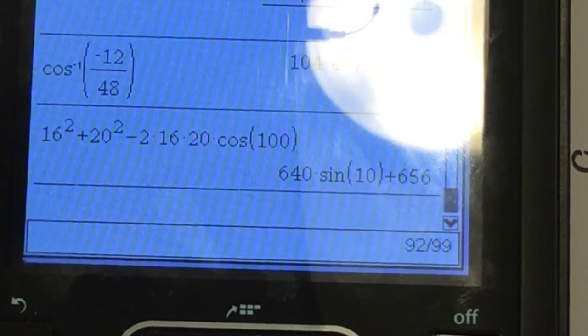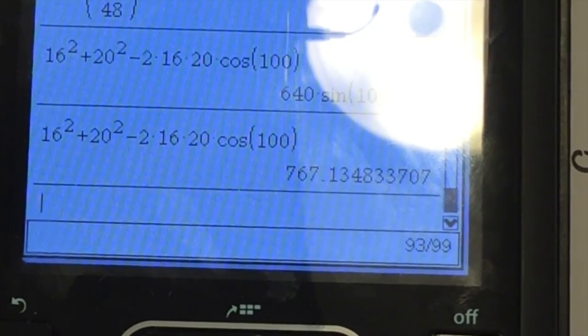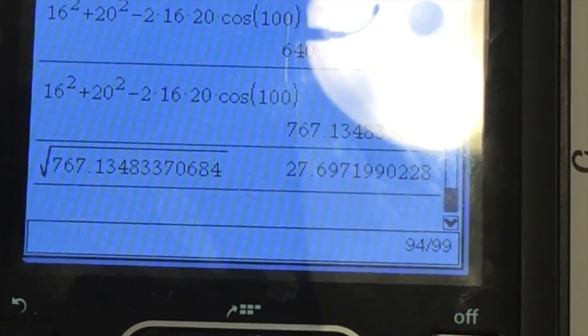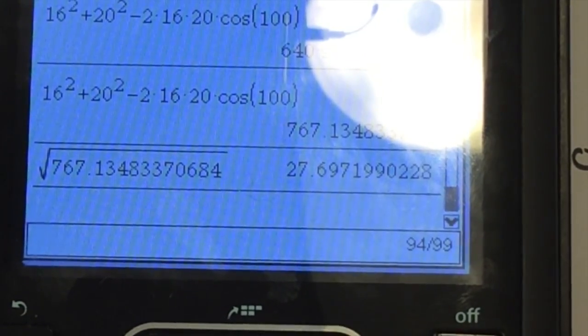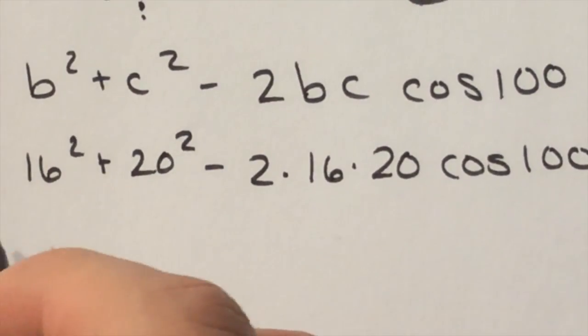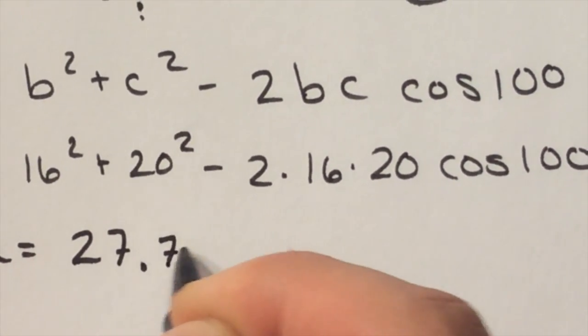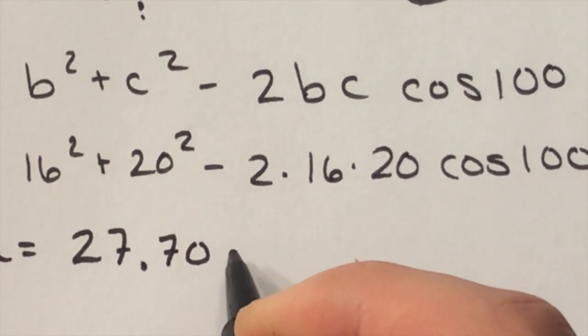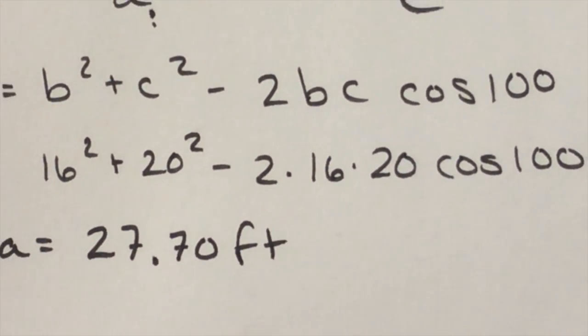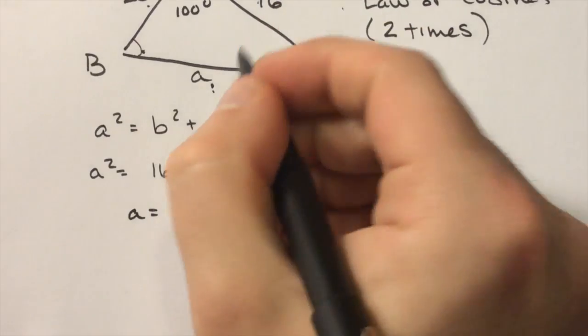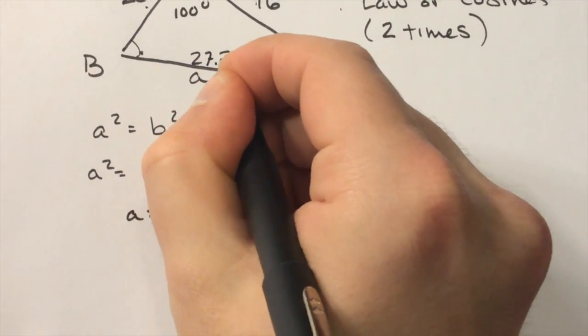I hit enter. I get this, and I'm going to take the square root of that answer. So A is 27.7. So A equals 27.70, and the units on this were feet. So let's zoom back out a little bit. Okay, so this is 27.7.